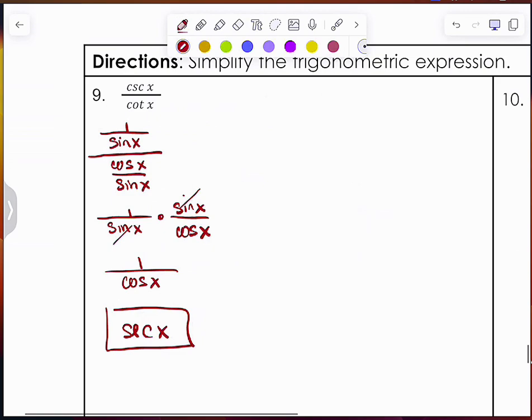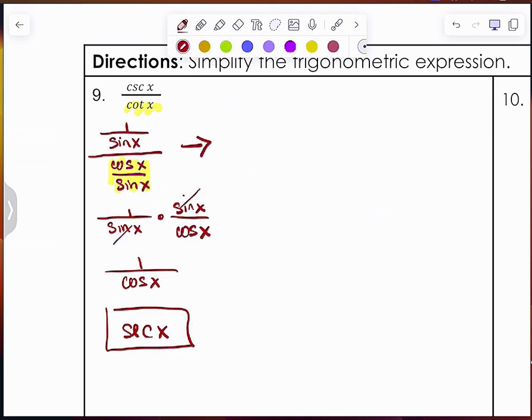How you feeling? In the denominator on the top, did you mean to put sine x over cosine? Cotangent is cosine over sine, right? So why does it flip the next? So cosine over sine is cotangent. I skipped a step.